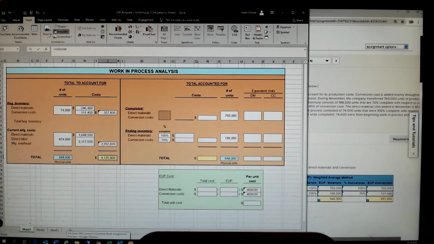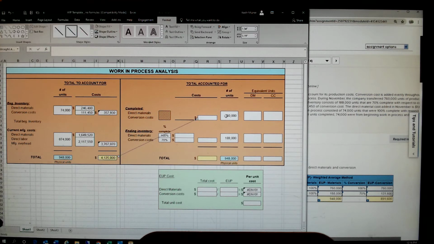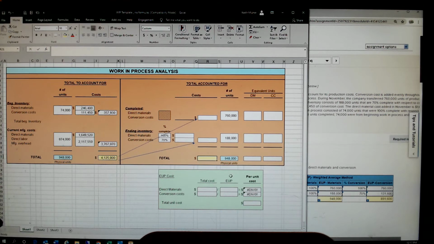Now remember, what I'm ultimately trying to do with that is to allocate this total 4125 to the units that are done, these 760,000 that are done, and to the units that are still here. So they will total up to the same amount. How much of this 4,125,000 is assigned to these 760 that are gone, and how many are assigned to these 188,000 that are still here that I need to continue working on next month?